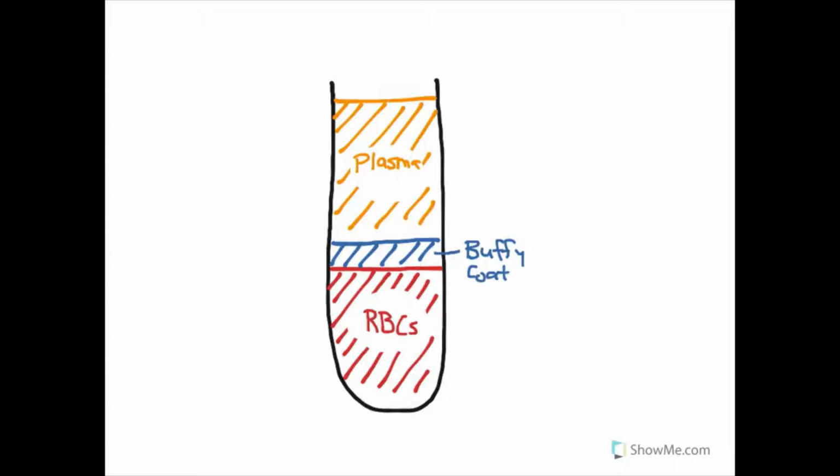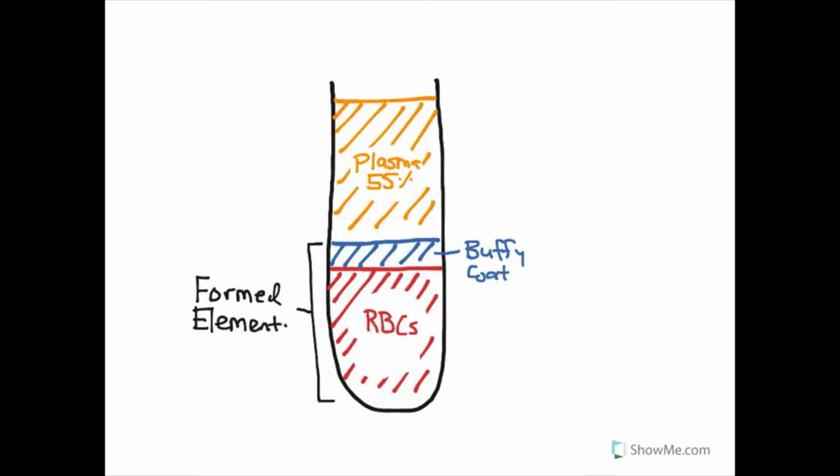Roughly, plasma is the big component, at 55% of overall blood volume. The red blood cells and the Buffy coat combined are going to be 45%, and this is called the formed elements.